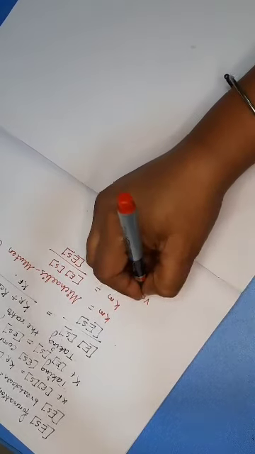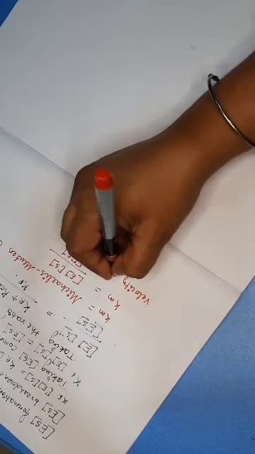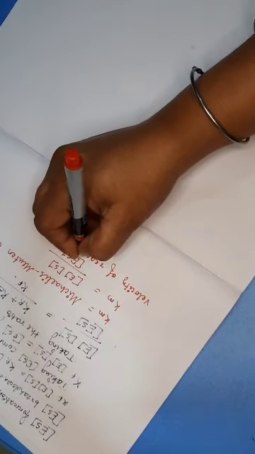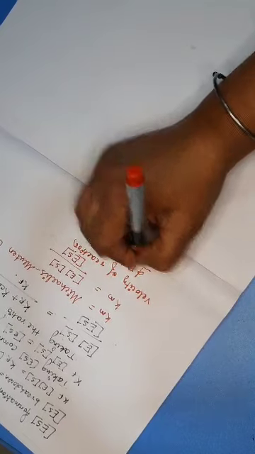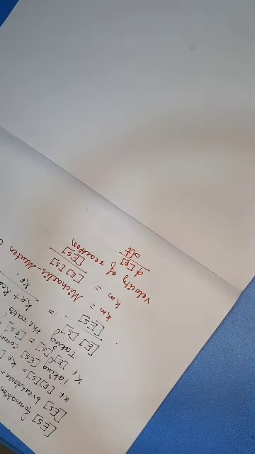So velocity of the reaction is obviously the rate of formation of the product per unit time. So velocity of the reaction can be written as rate of formation of the product divided by unit time.